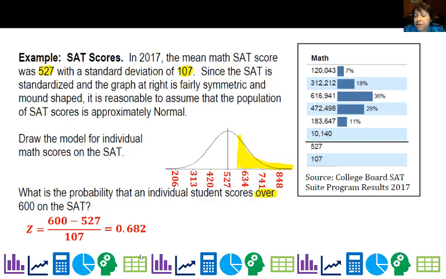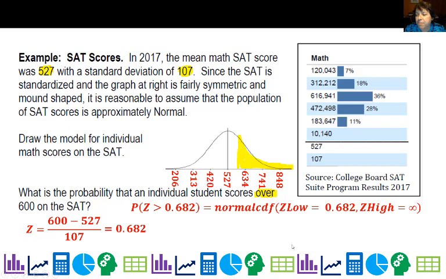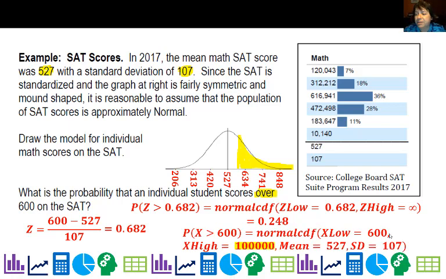So I want the probability that z is greater than 0.682, so I can do normal CDF, where my z low is 0.682 and my z high is infinity. And basically that gives me 0.248. By the way, there is a shortcut on your calculators. If you specify the original mean and standard deviation right here, you can actually get through.